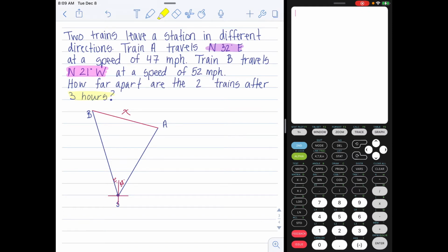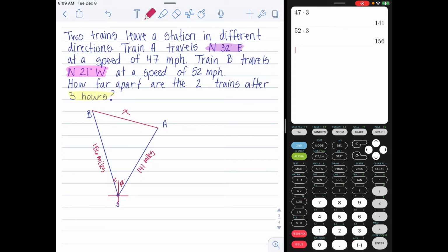So if A was traveling 47 for its speed per hour, 47 times 3, they went 141 miles. Okay, I'm going to put my units on there right away. And then B speed was 52, and for the same amount of time, so 156 miles.